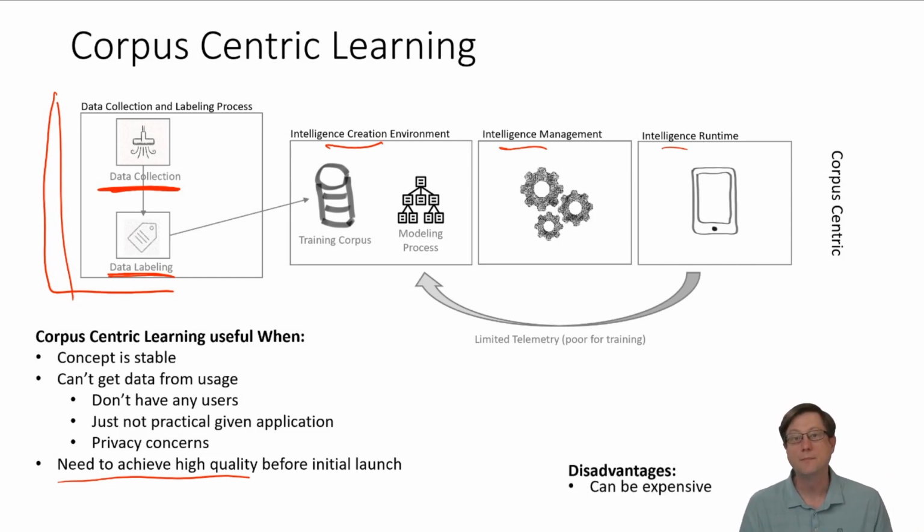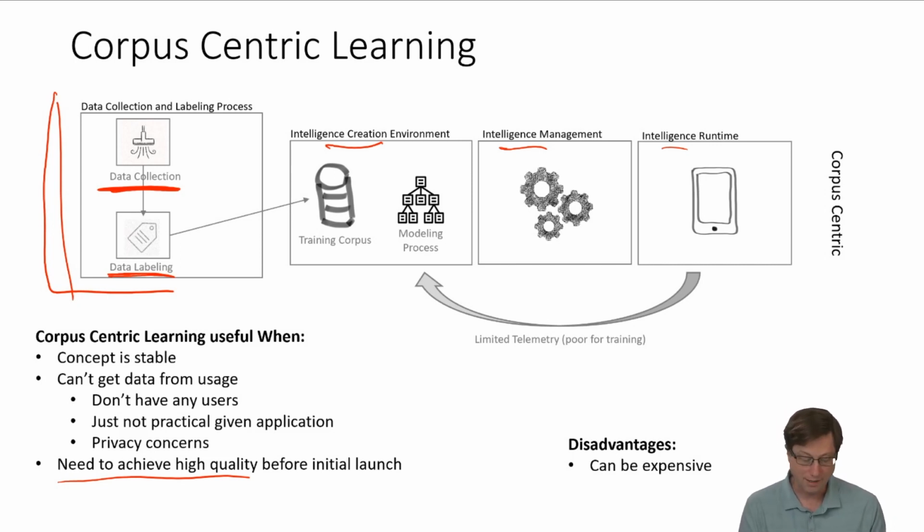And so what are some disadvantages of the corpus-centric pattern? Number one is it can be quite expensive. You might have to get tens of thousands of labels before you can get started. Tens of thousands sounds like a heck of a lot, but state-of-the-art computer vision is generally trained on way more data than that. And the labeling that you need to do adds another layer of expense.